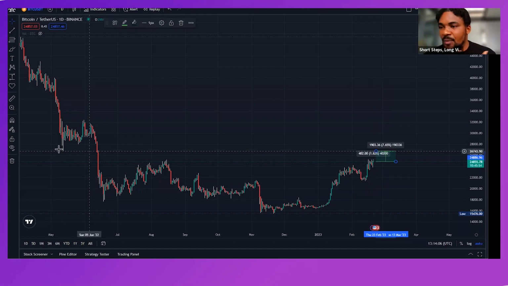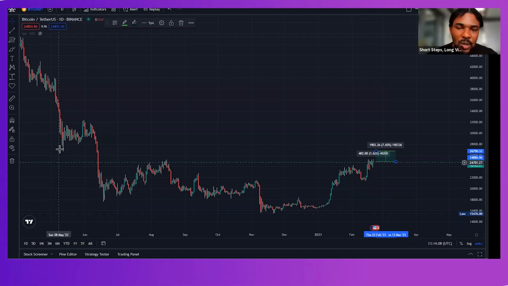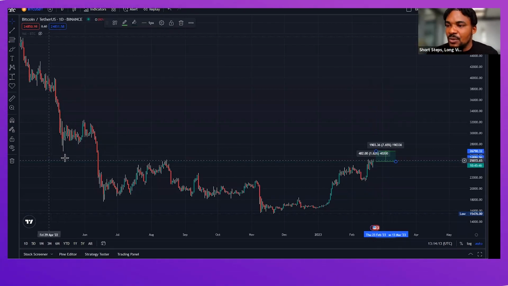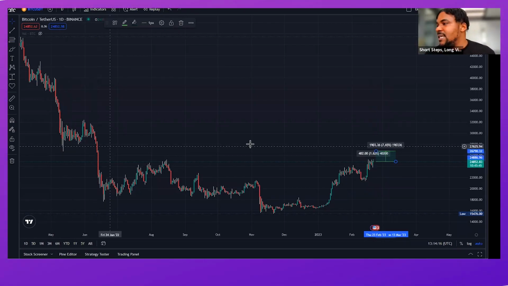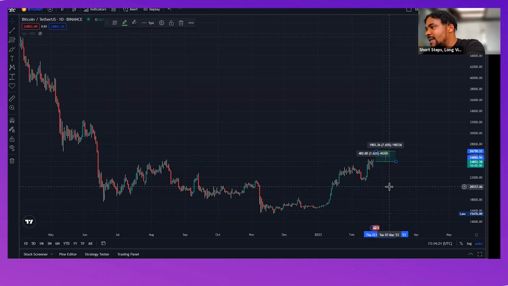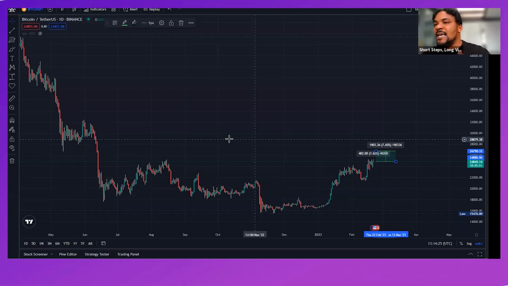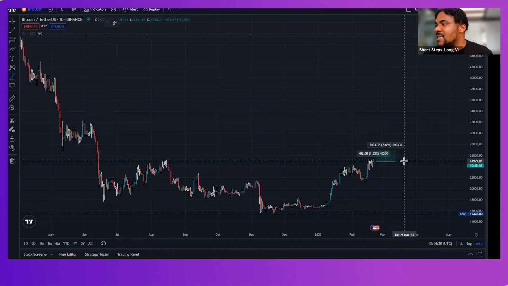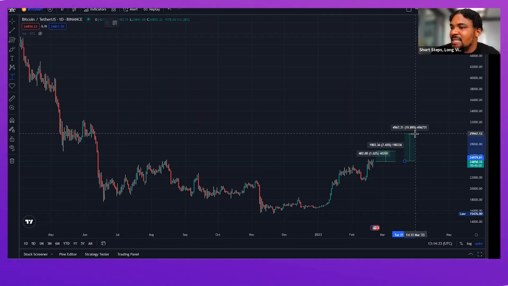So we can see the previous Bitcoin support over here, which also becomes resistance once that is beaten. We see that over here, and that is 7.6% away from the current market price. So we're seeing BTC at $26,790.